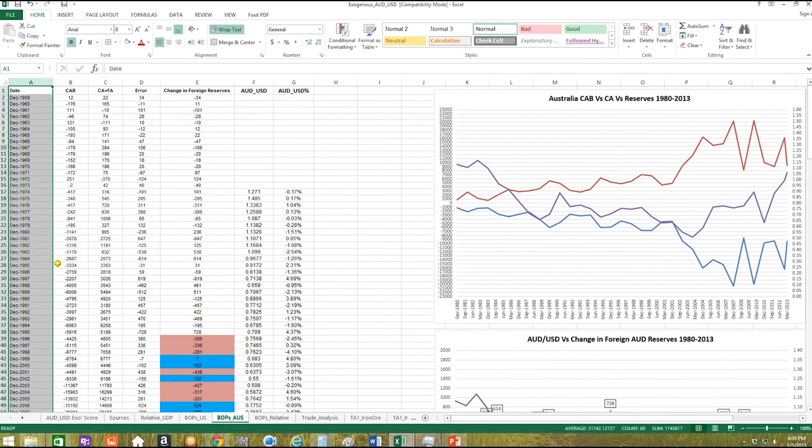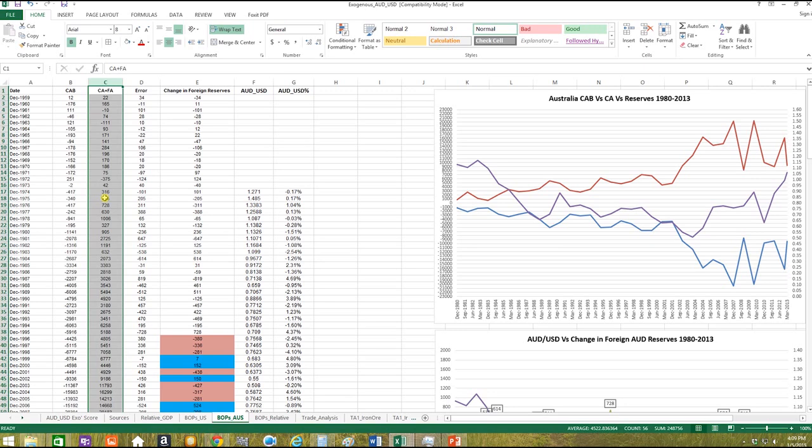In column A, we have the date, and we're going up again by years. In column B, we have the current account balance for Australia. In column C, we have the capital account, so the capital account in a wider definition, capital account plus financial account. So we have that balance, and we have the error, the difference between the two.